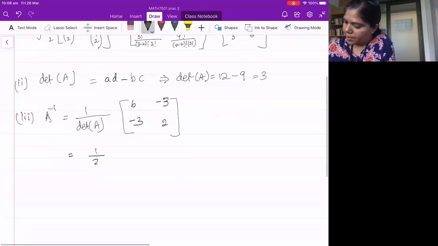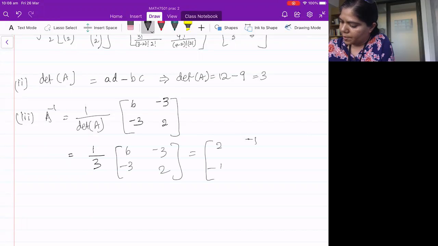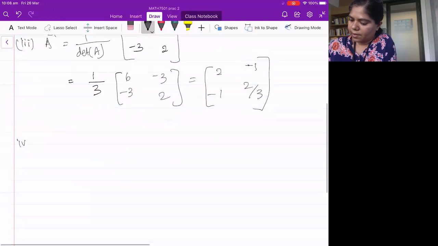Gives you 1 by 3. I'll factorize this. 6, minus 3, minus 3, 2, which dividing each element by 3 gives you 2, minus 1, minus 1, 3 by 2.